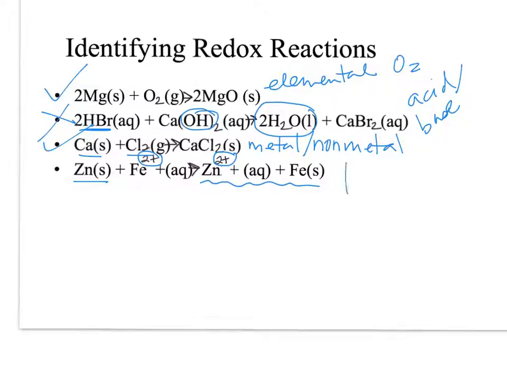That means that a transfer of electrons has taken place, because the charges before the reaction and after the reaction are different. So there must have been a gain and a loss of electrons somewhere during that reaction. Again, this is a huge flag that we're looking at a redox reaction. So this last example would be a redox reaction because a transfer of electrons has taken place.